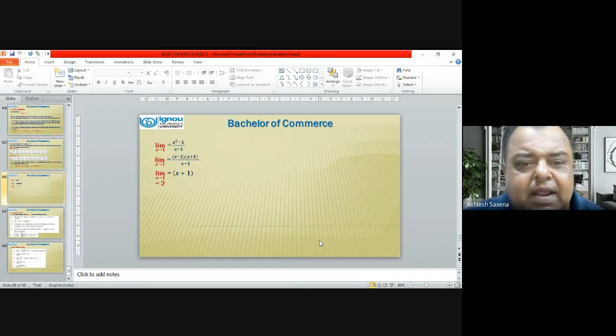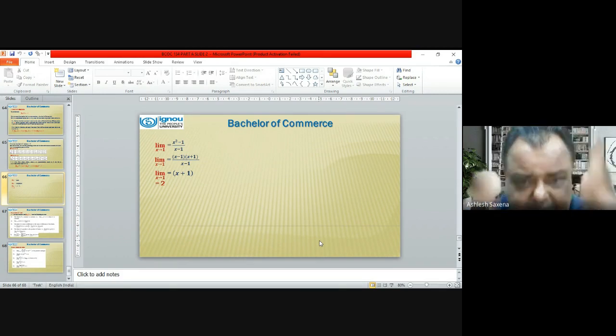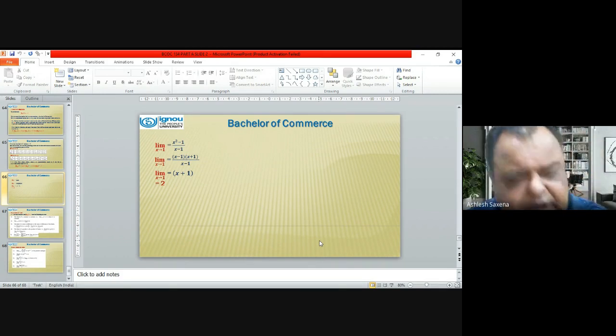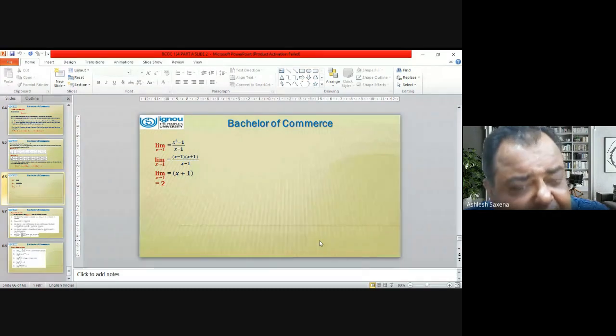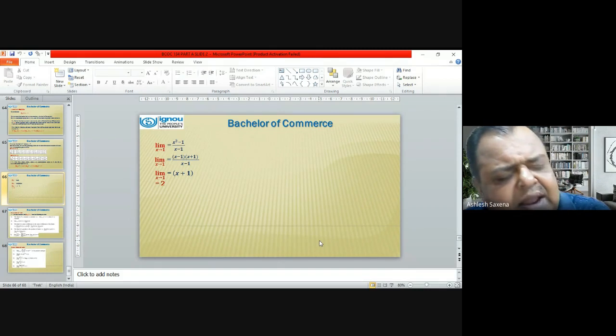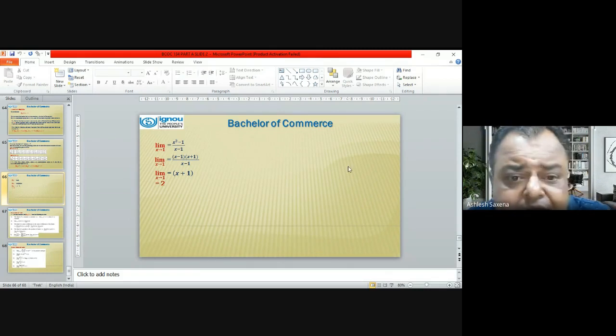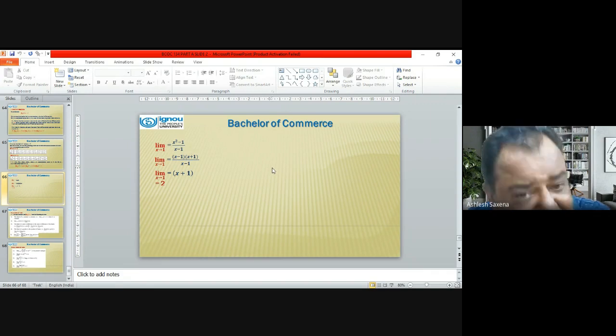Now, to make you understand how problems related to limits are solved, this is a very basic problem. Limit x tends to 1, where your function is (x squared minus 1) upon (x minus 1). Straight away, when you put the value of x equal to 1 in this function, it becomes 0 upon 0, which is meaningless in limits. What we are going to do is split this up.